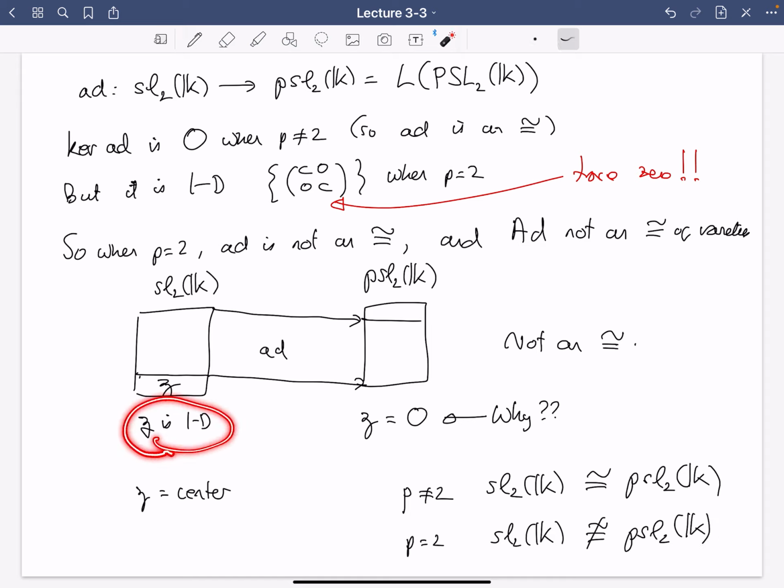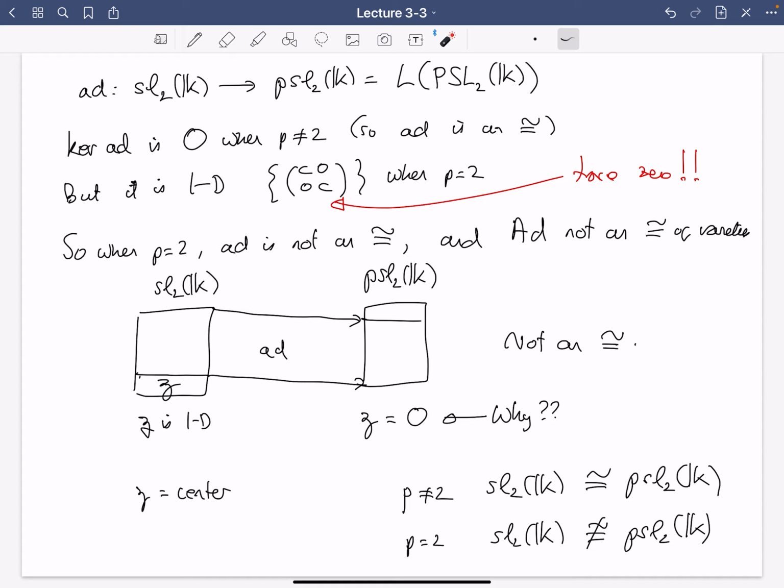The Lie algebra SL2 in characteristic 2 has a one-dimensional center, but the Lie algebra PSL2 has 0 center. So not only is little a add not an isomorphism, which is clear because it's got some kernel in characteristic 2, in fact these Lie algebras are simply not isomorphic in any way in characteristic 2.